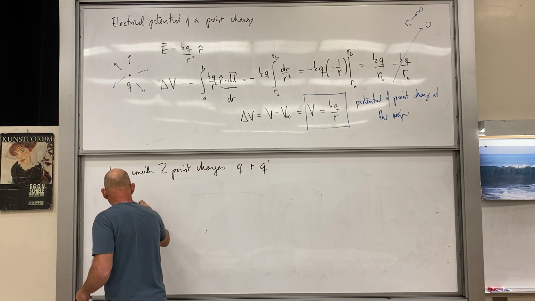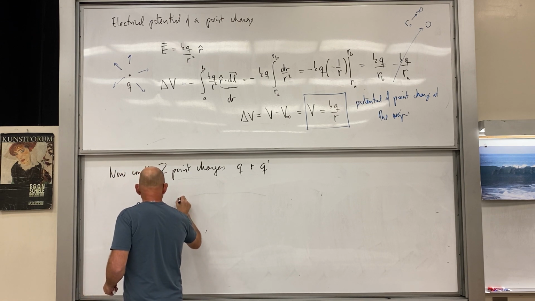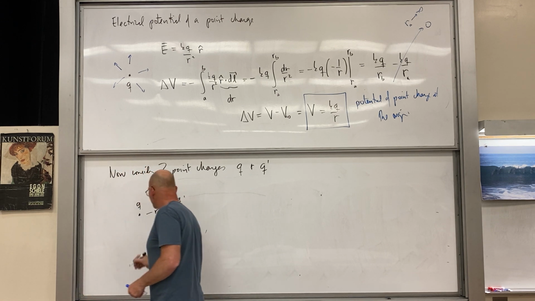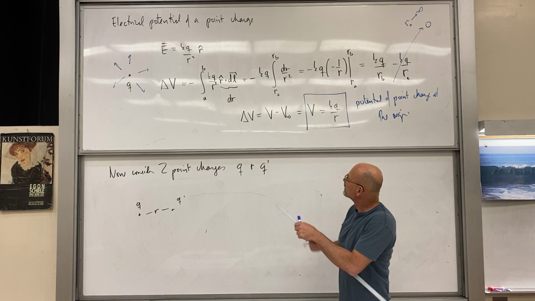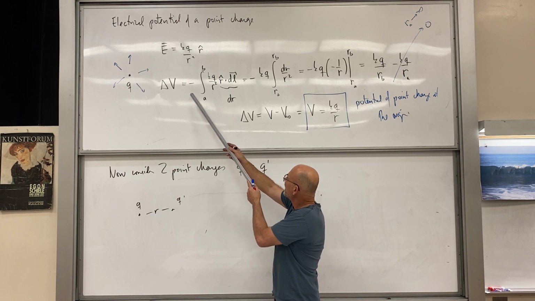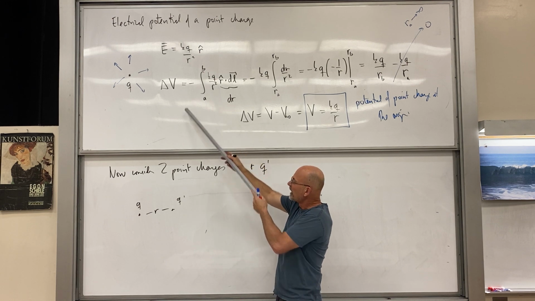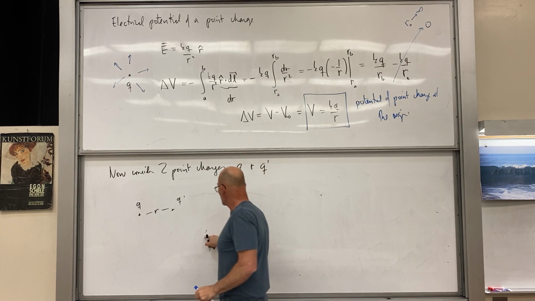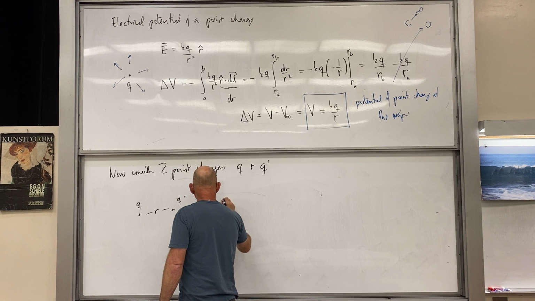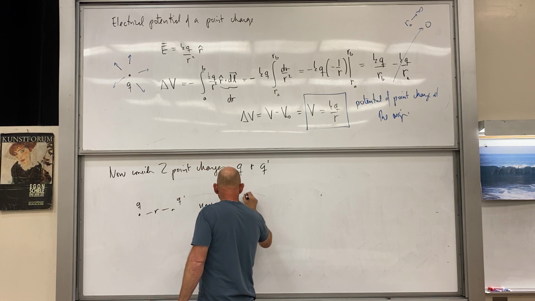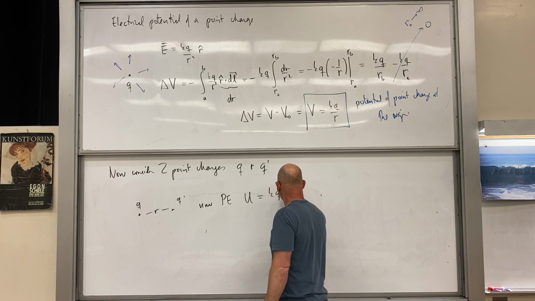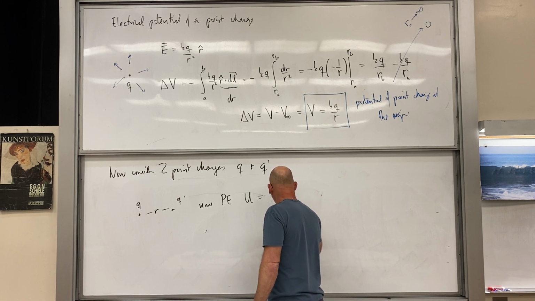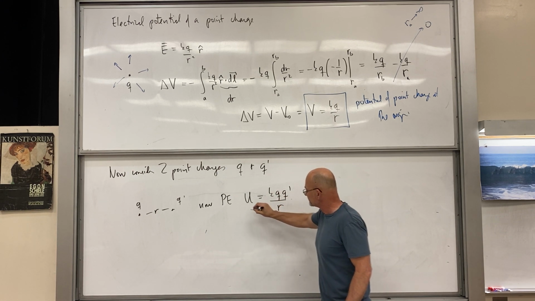Here's Q, here's Q prime, and they're separated by a distance R. We just reverse our definition. Remember, we got the delta V by dividing potential energy by Q. So now potential energy U is equal to k Q Q prime divided by the separation distance.